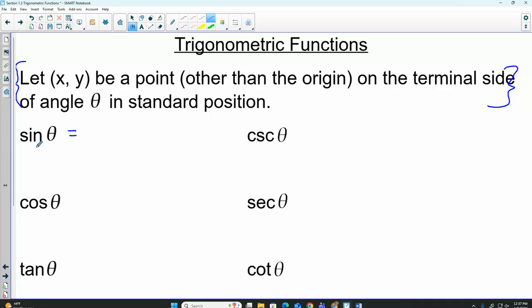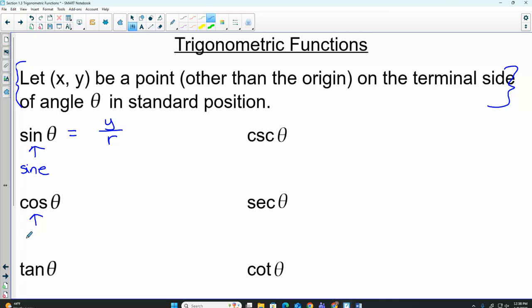This, it's not sin, it stands for sine. So this is called sine of theta. And the definition of sine is y divided by r. So all of these are found just by dividing two things.